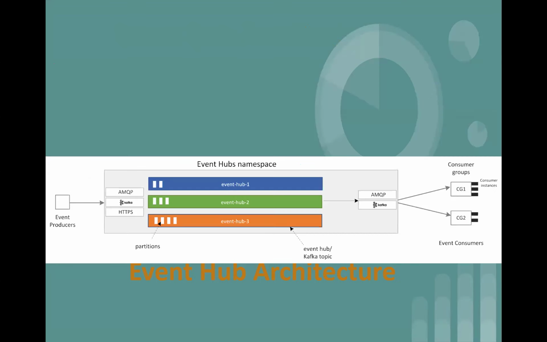So let's see, what is Event Hubs? Azure Event Hub. What does it say, right? So event hub in the sense, it's like a hub and spoke model. So at the center, you have a hub where the data will reside. Then you have producers and consumers. Producers, we called earlier, it is called publisher. And consumer.